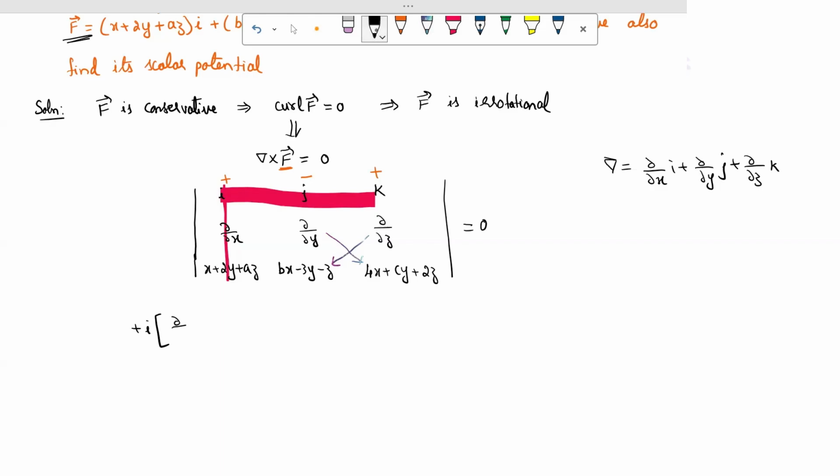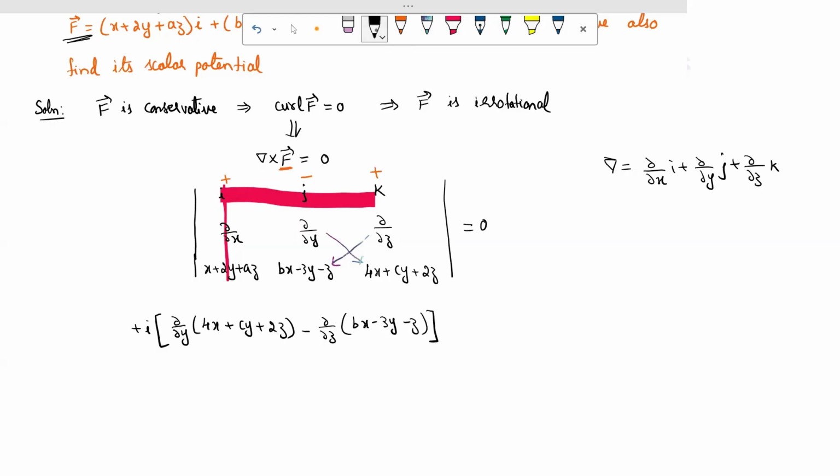It is dou by dou y of (4x + cy + 2z) minus dou by dou z of (bx - 3y - z). So with i, we are done.